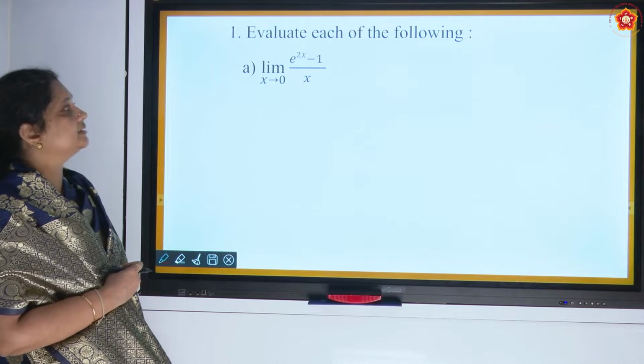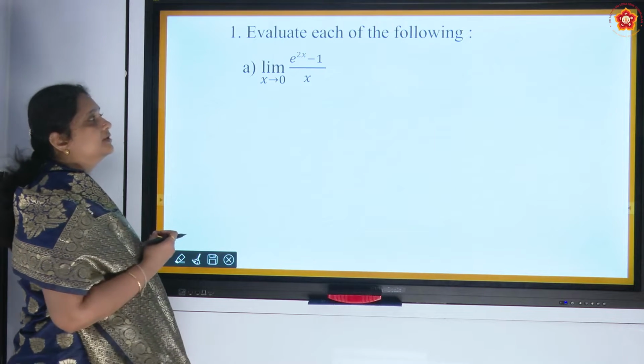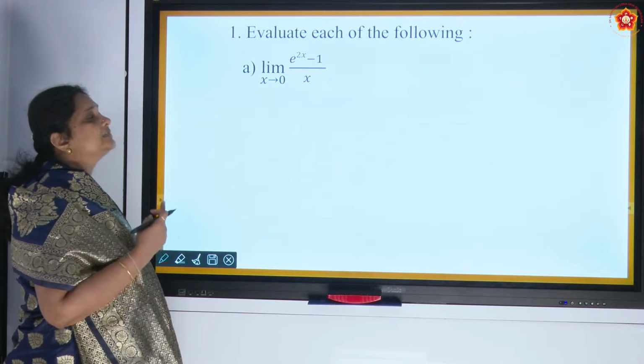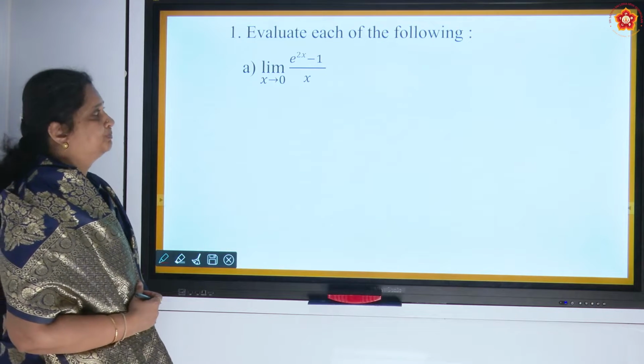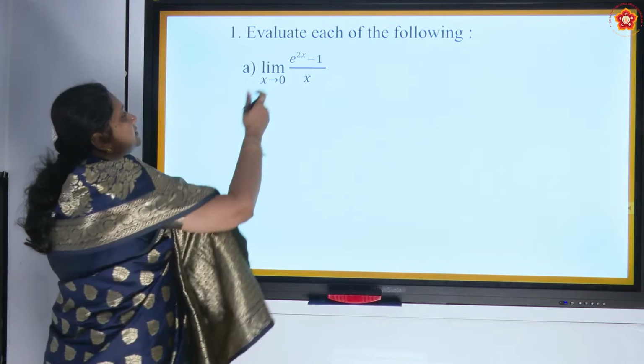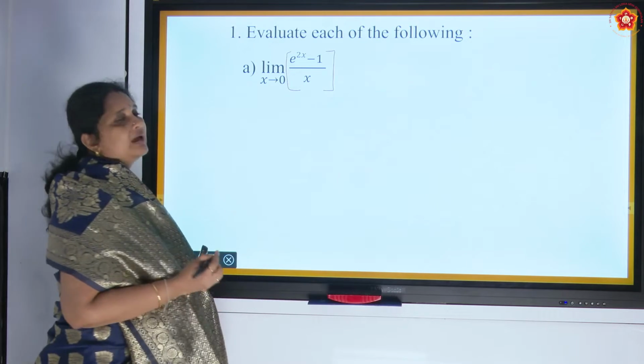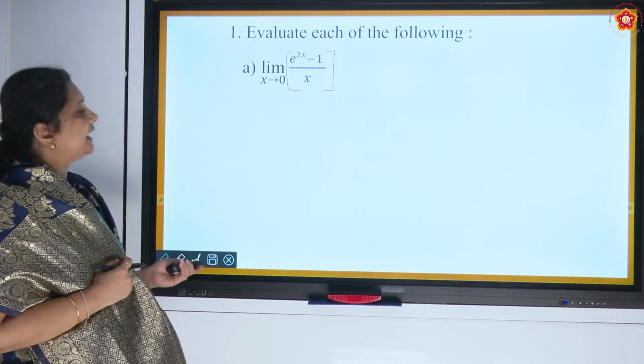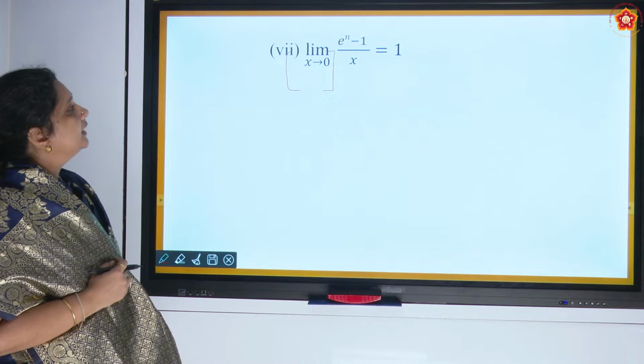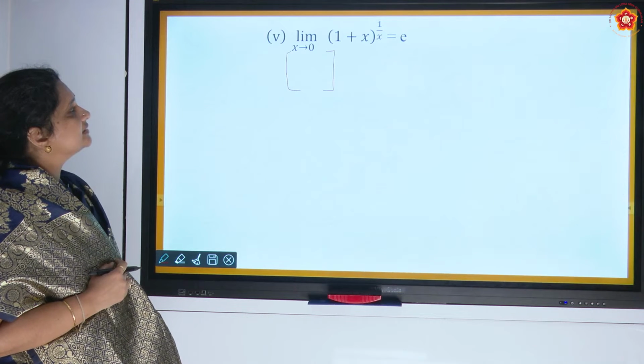The first question for the day is limit x tending to 0, e power 2x minus 1 by x. Now, have we evaluated or seen any function of this form in the special functions that we discussed now?